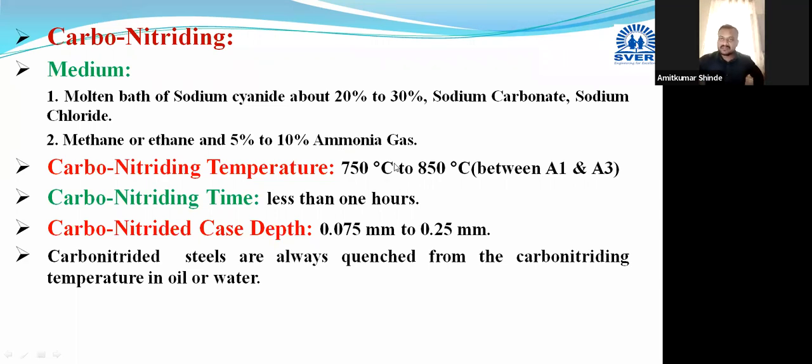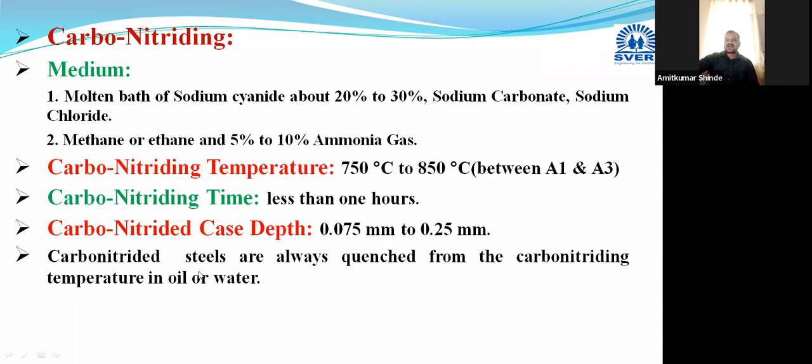Hence the temperature zone for performing carbonitriding is in between A1 and A3, and the generally used temperature range is 750 degrees Celsius to 850 degrees Celsius. The time given for carbonitriding is less than 1 hour, and very thin case depths can be achieved, within the range 0.075 mm to 0.25 mm.